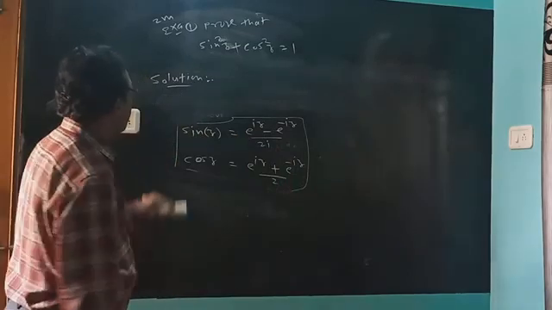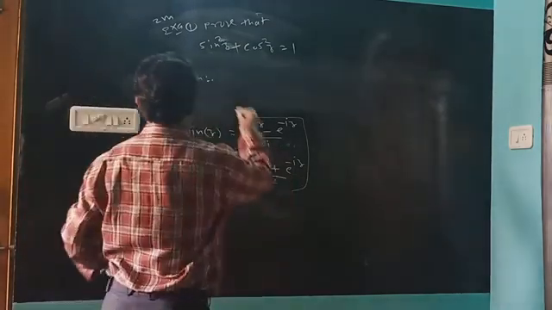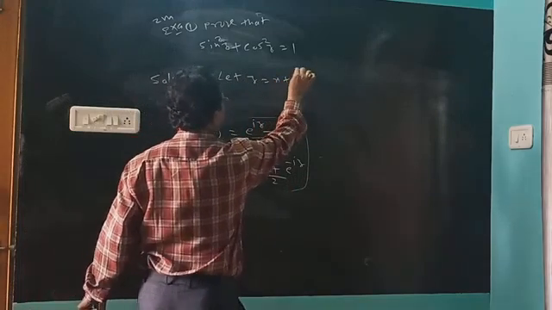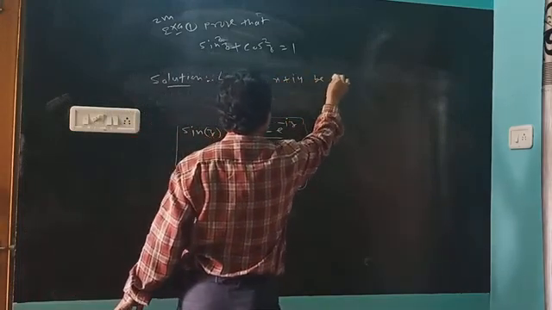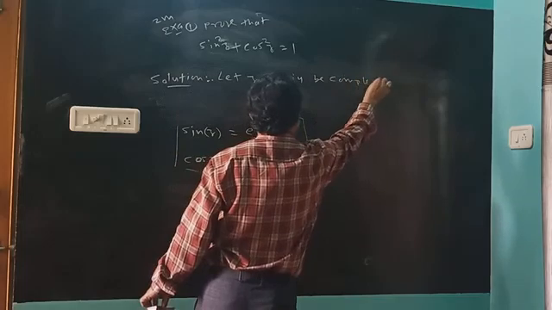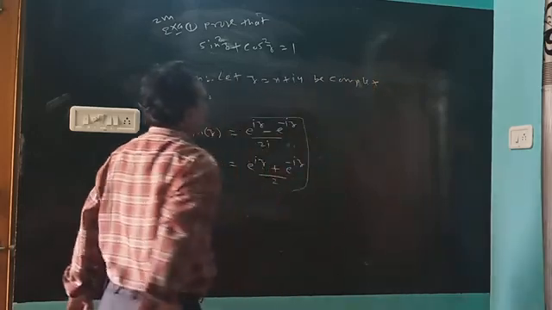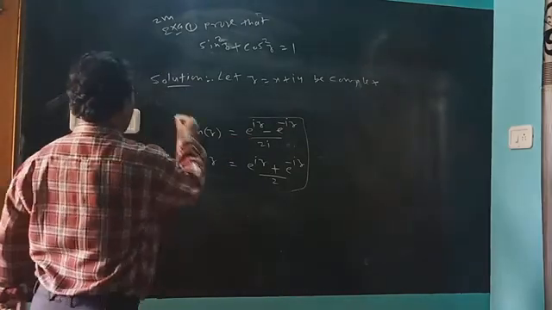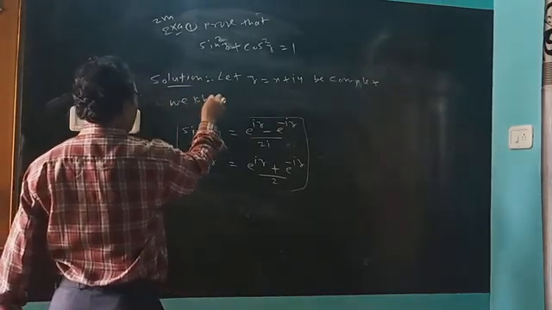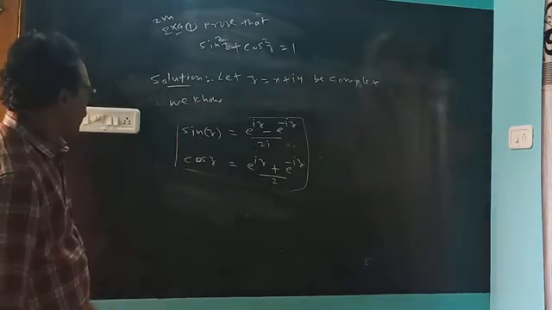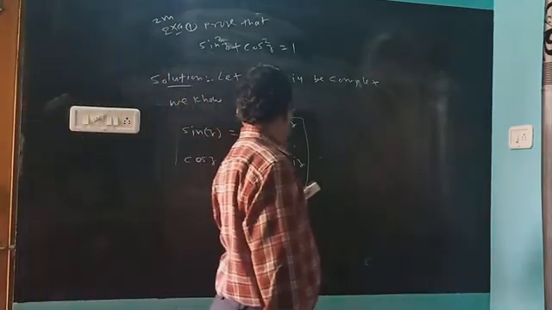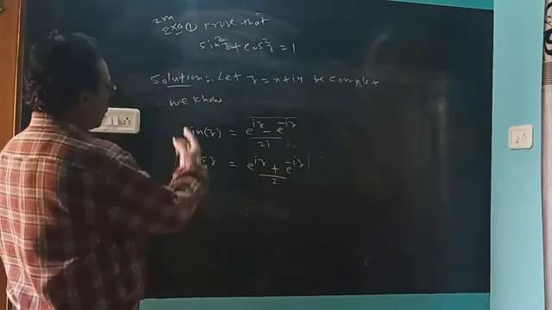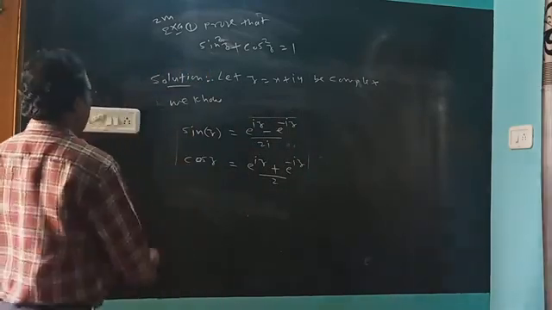Using this, let z be complex. Only I want z, I don't want x plus iy, so z will be complex. Then we know this by definition: we know sin z, we know cos z, and we have to prove sin square z plus cos square z will be 1.